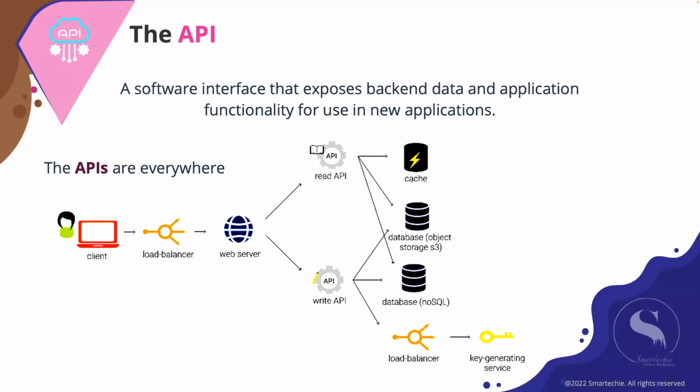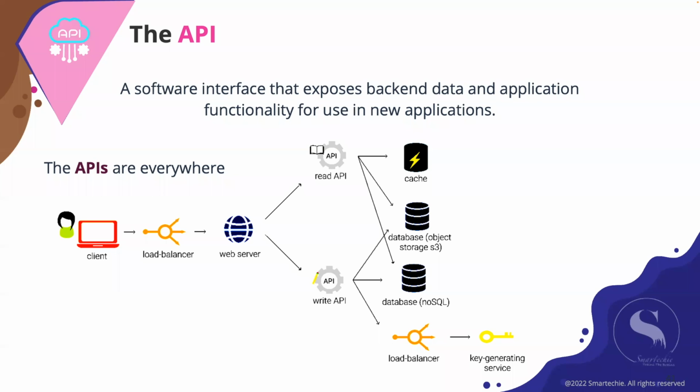I just wanted to touch upon this: in this screen itself, you see the user makes a request to the load balancer and then to the web server, and there are multiple APIs available in between the web server and the application server or cache or database server, right?